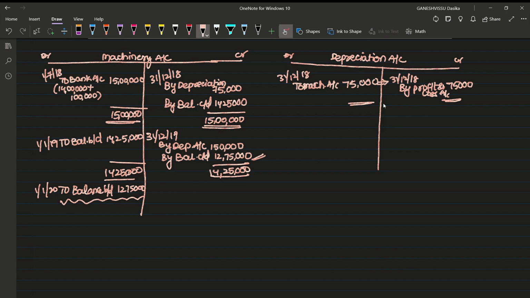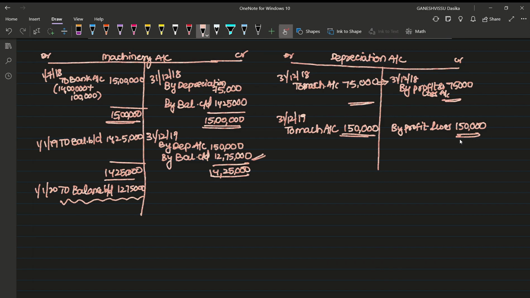And on 31st December 2019, the entry would be: to machinery account for 1,50,000 this time. And the same value will be credited to profit and loss account. So by profit and loss account, 1,50,000.